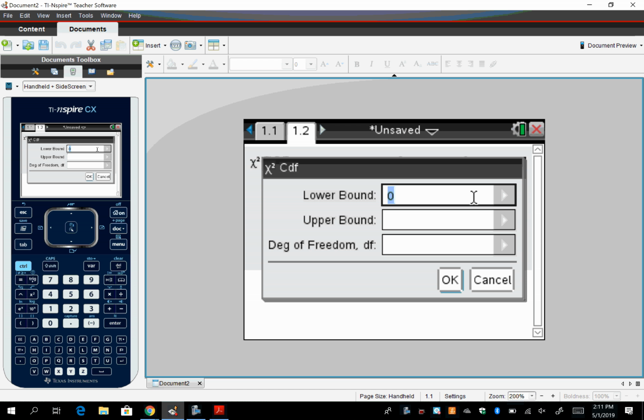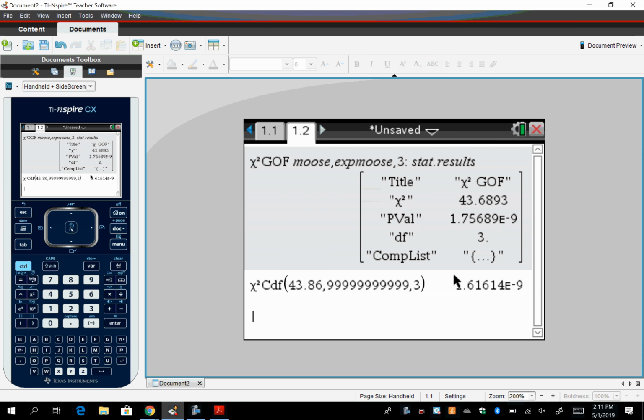The lower bound will always be your chi-squared, which in this case was about 43 point something. Upper bound is infinity. Degrees of freedom was 3. I know it's not exactly the same because I didn't put in exactly the same chi-squared number, but you see how to do that? Use chi-squared CDF. So review this video before tomorrow if you want to make sure you get that question right.